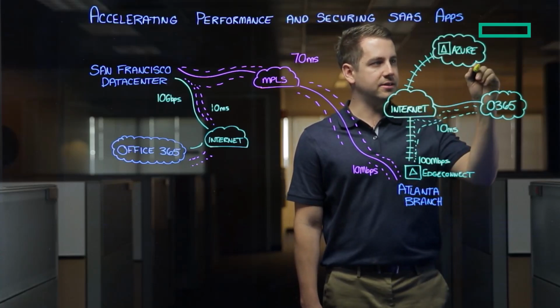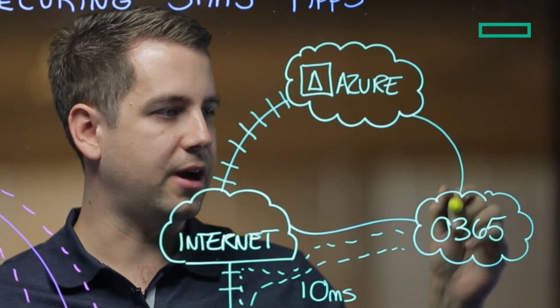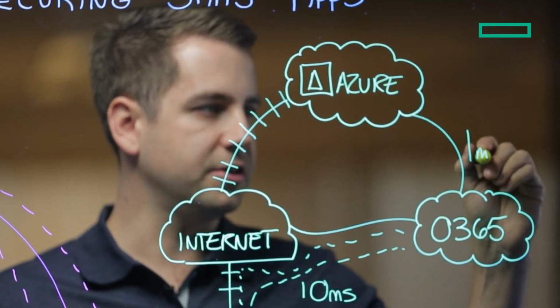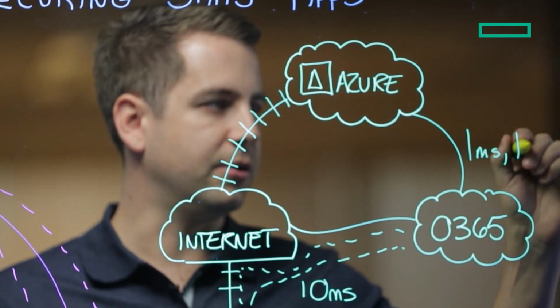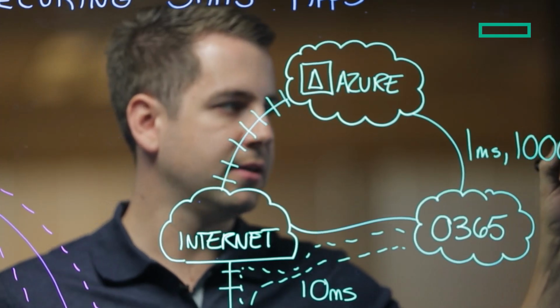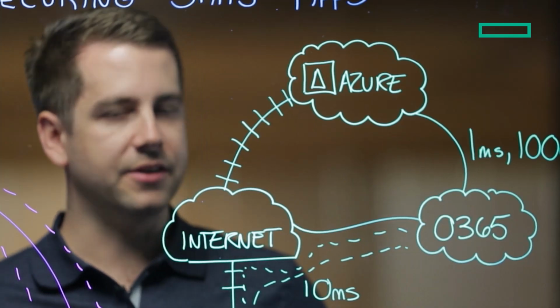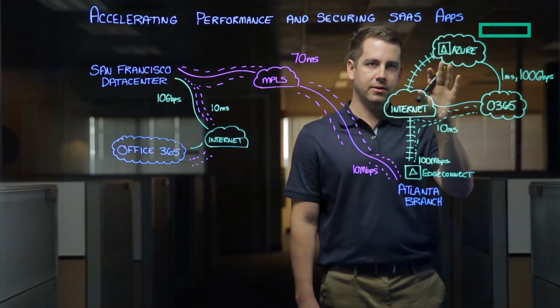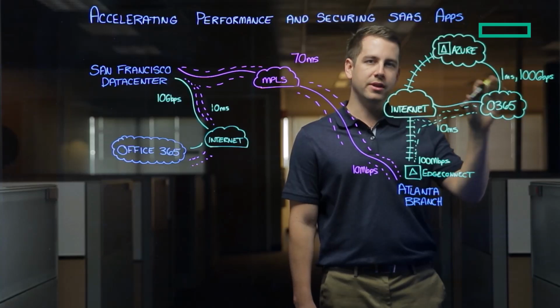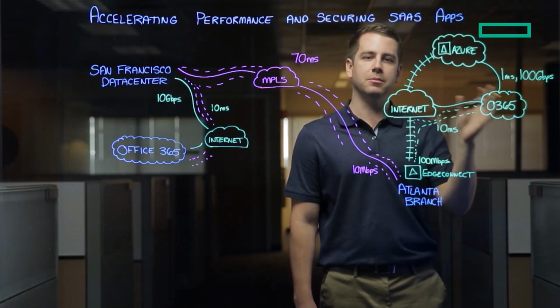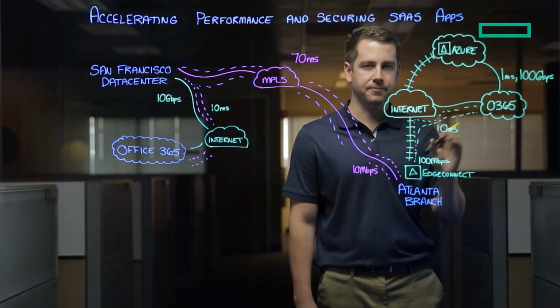And then Azure has a local backbone that peers with Office 365. And let's just call this 1 millisecond at hundreds of gigabits per second. I'm optimizing the traffic to the doorstep. I'm identifying the packet that needs to go encrypted into Azure, and I have really good performance because it's almost like I'm local now. I'm accelerating the connection all the way.